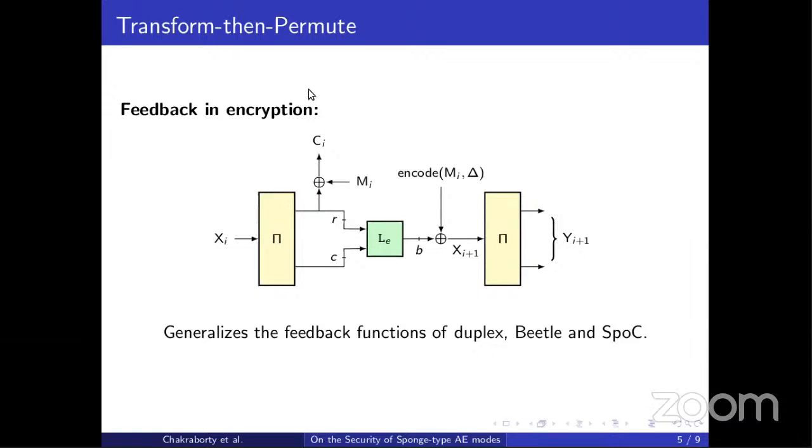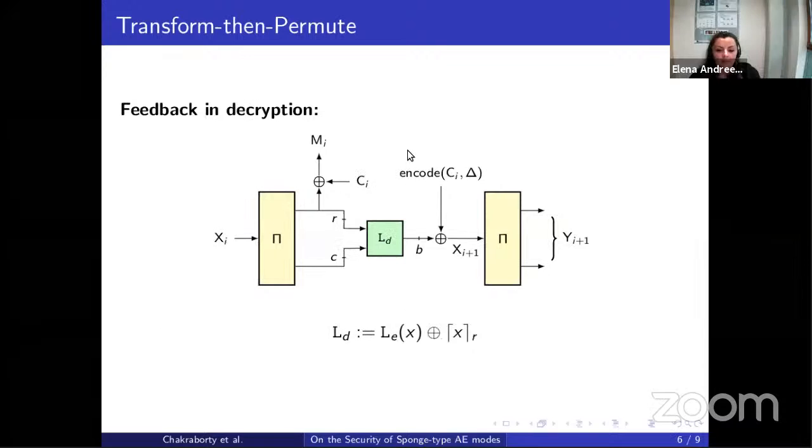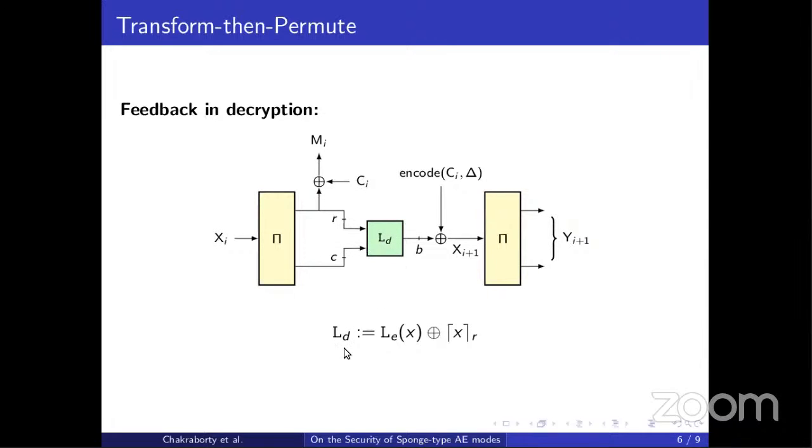So we release the R bit current output, and the message is XORed to get the ciphertext. Similarly in the decryption, we take the ciphertext and use another linear function LD, which is simply defined as LE of X plus the upper part of the input X.